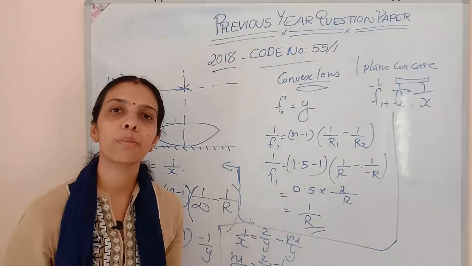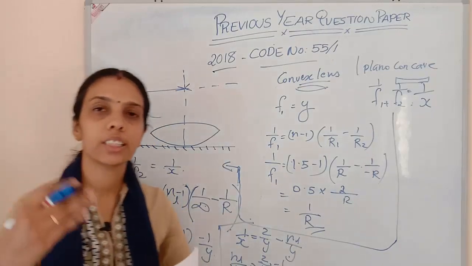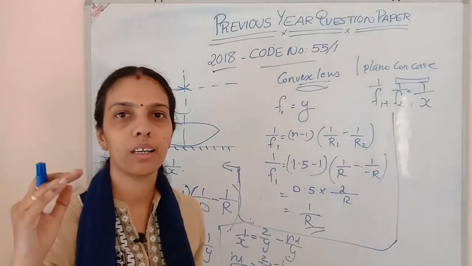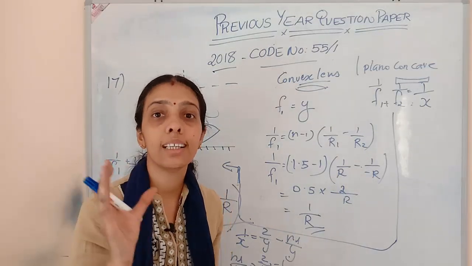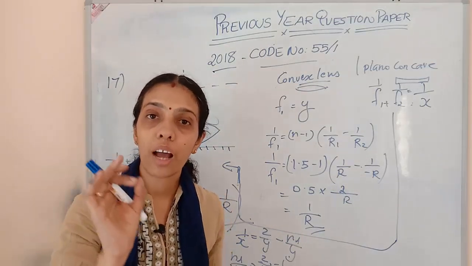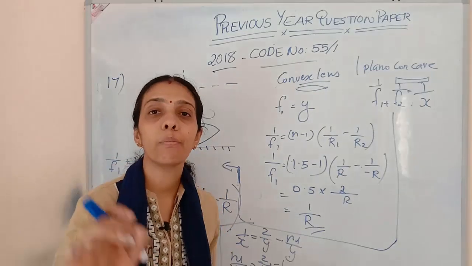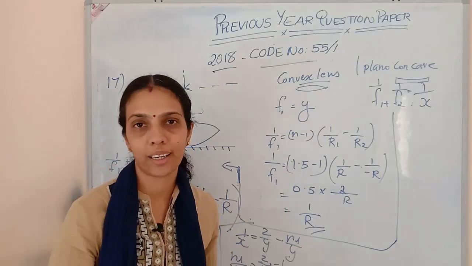Okay, Bohr's second postulate, what is that? Each and every orbit in which the electron stays will have angular momentum n into h by 2 pi, isn't it?